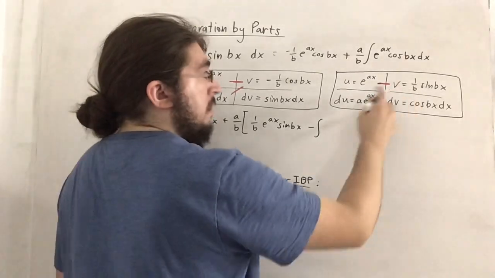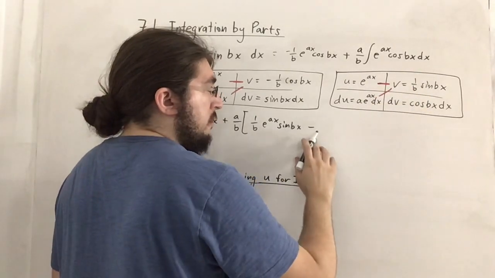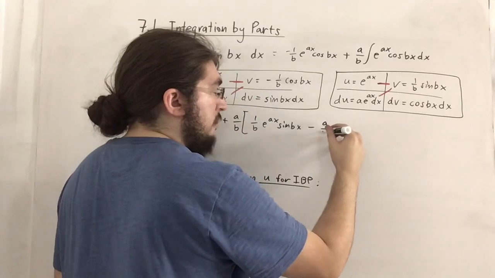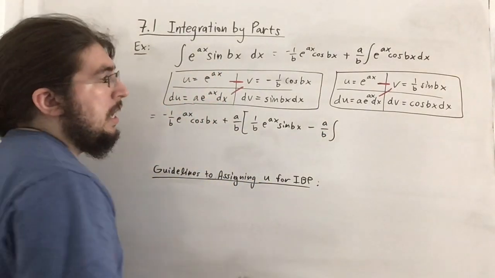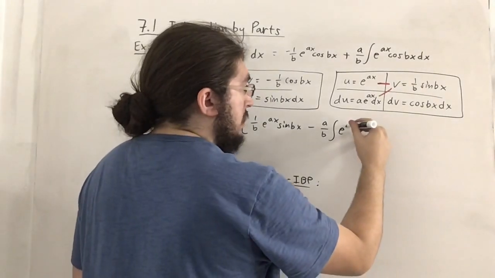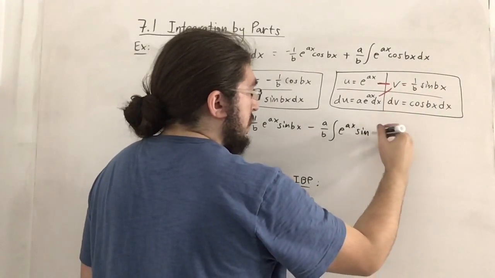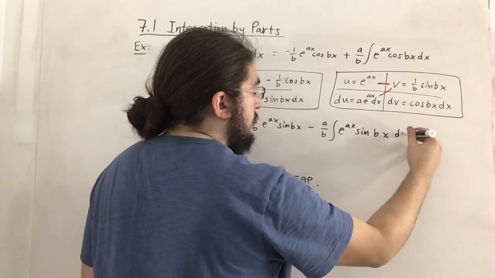Well, notice the constants here are a and 1 over b, so we can combine those as a over b and even pull it out of the integral because, of course, it's constant. And we get e to the ax sine of bx dx.